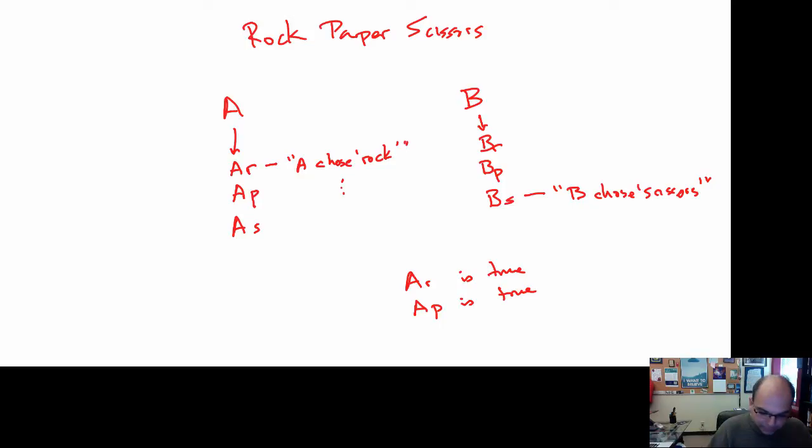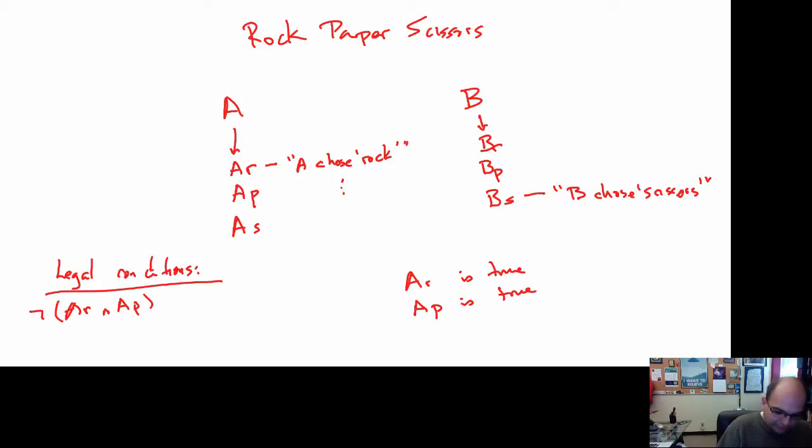Well, the way we'll fix it is by having some legal conditions. And our legal conditions, for example, will be AR and AP can't possibly be true, right? So we'll negate that, right? That is not possible, okay?